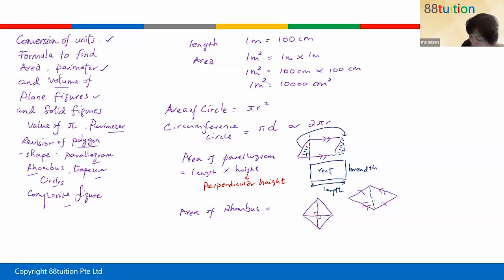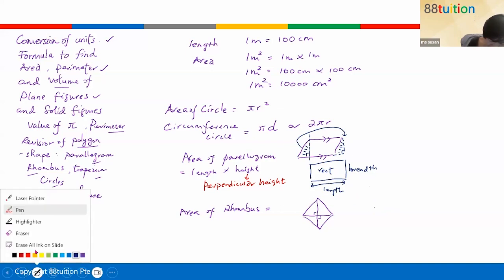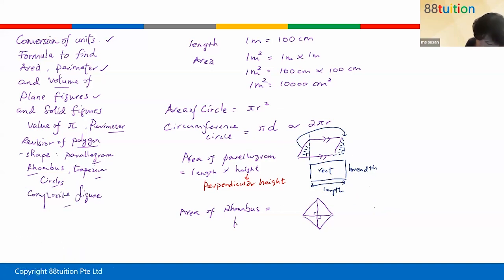It will have a vertical perpendicular height. So for this one you must also use the base. Let me draw the base and this perpendicular height. If you're looking at this type of rhombus, you can use two triangles and multiply by 2.